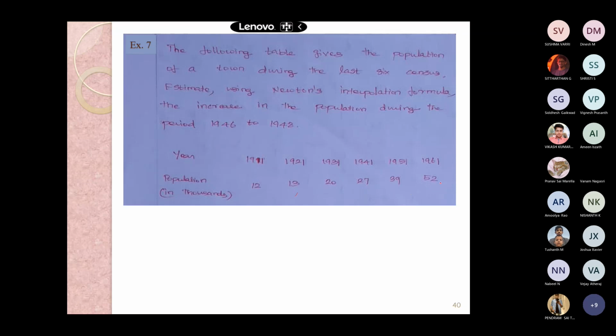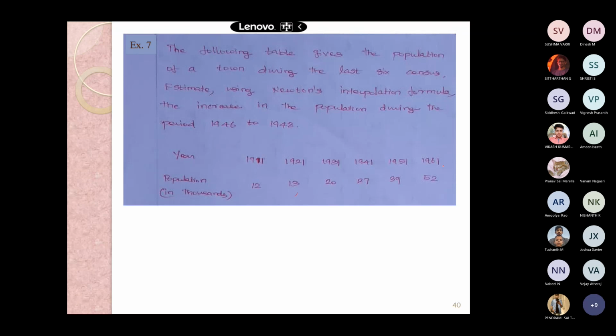What we are trying to do is find what will be the predicted values in between this given tenure. When the government plans projects for the betterment of society, they need to plan what the population will be in 1965 or 1970.